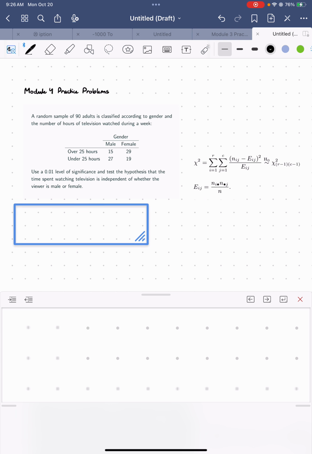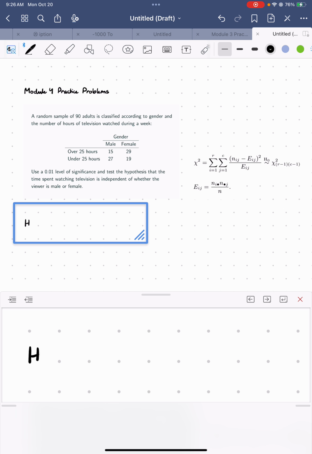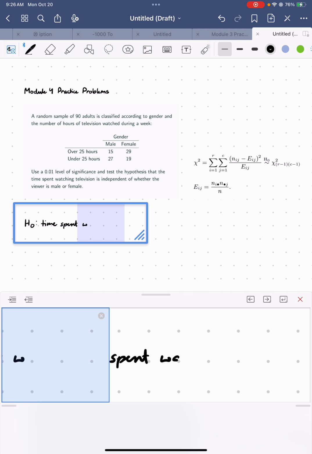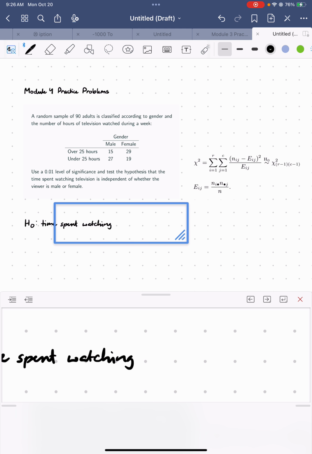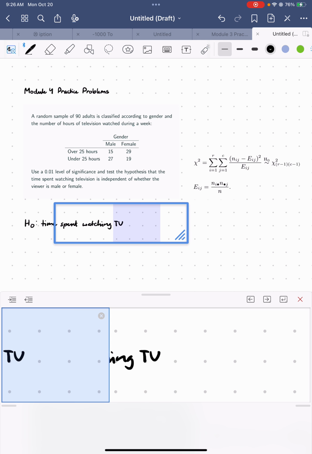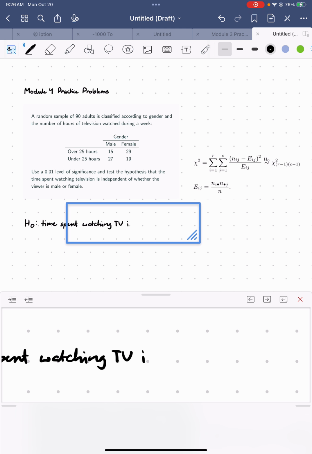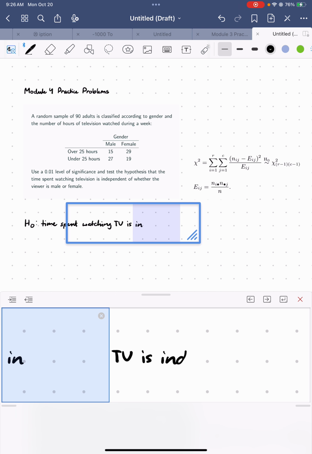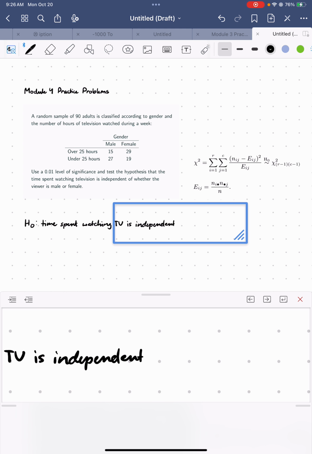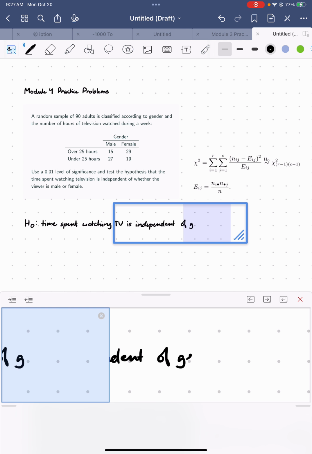And so first we need to write our hypotheses. So we have our null hypothesis. So this is going to be time spent watching TV is independent of gender.